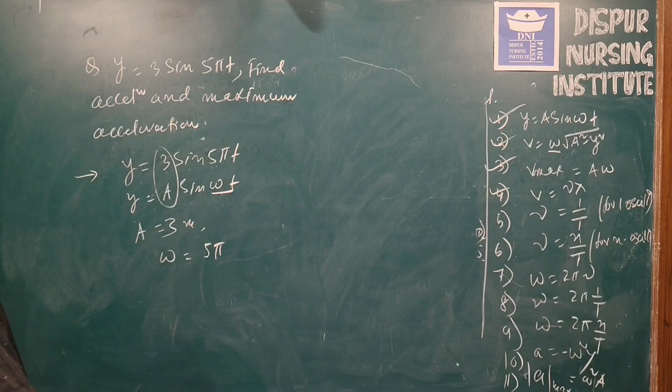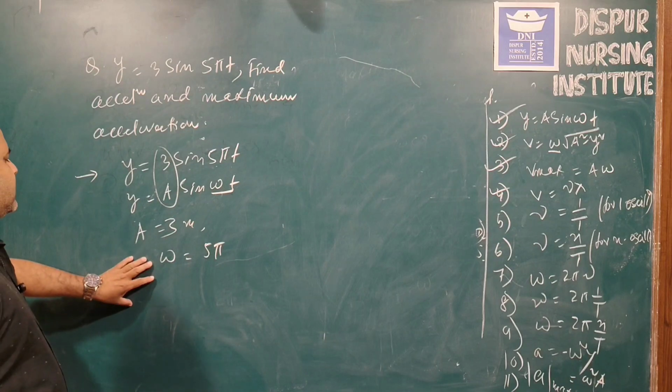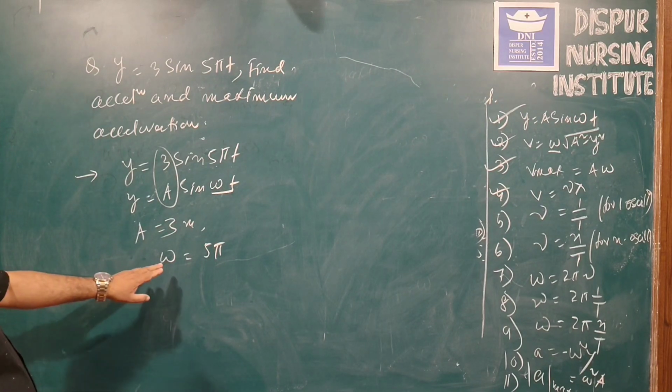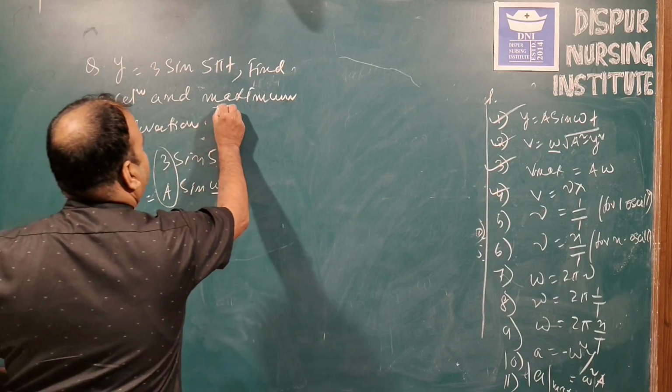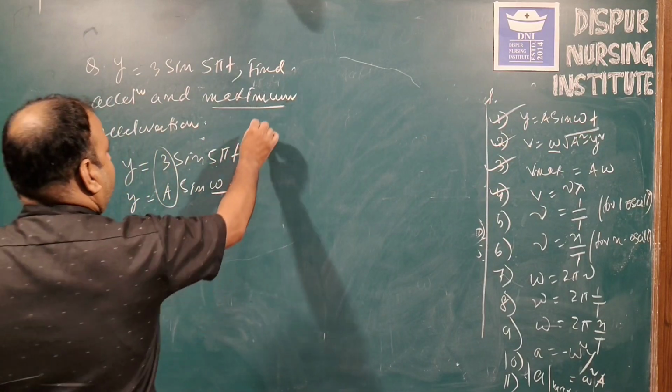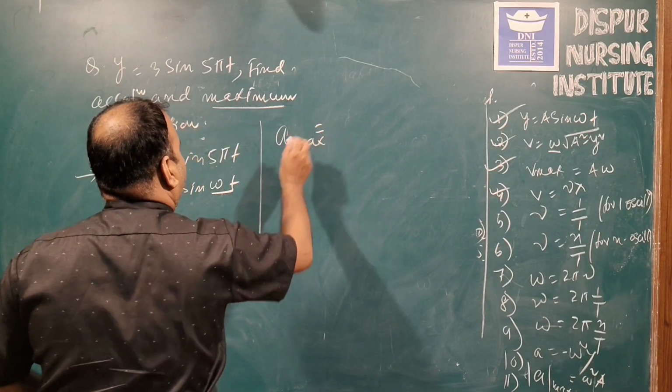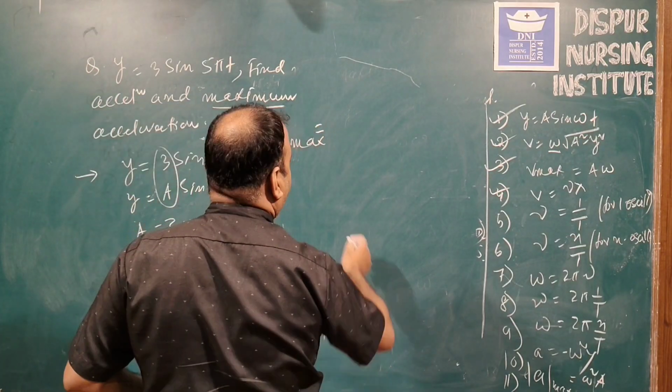In this case, we have to calculate the maximum displacement as well as the maximum velocity. Now you can see how we can calculate the maximum acceleration. Normally the maximum acceleration, a max is equal to omega square A. This is the formula.